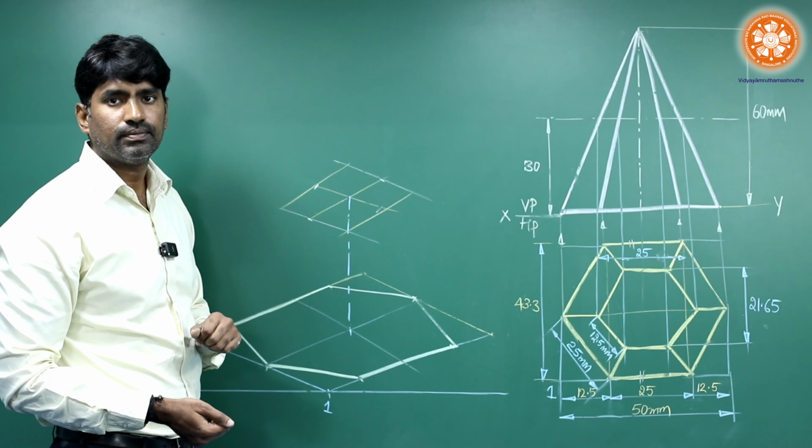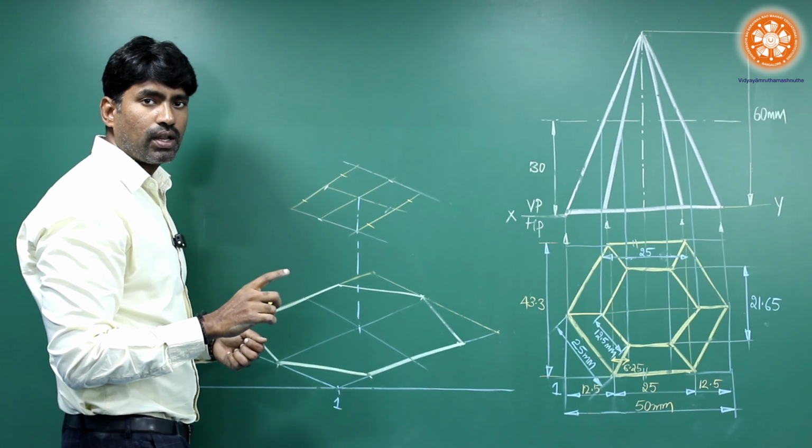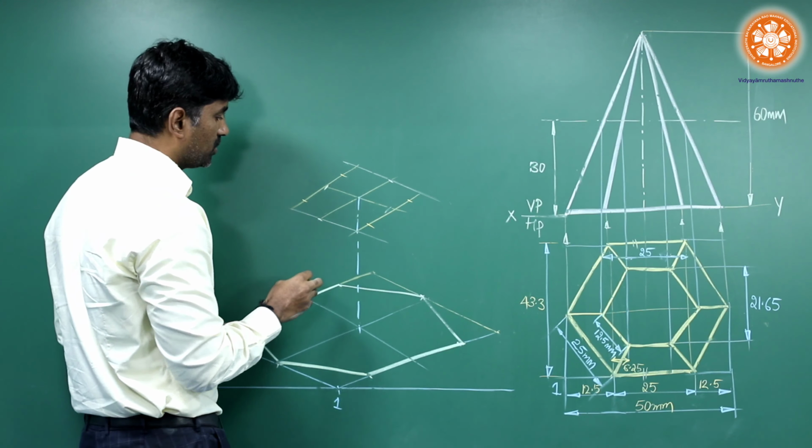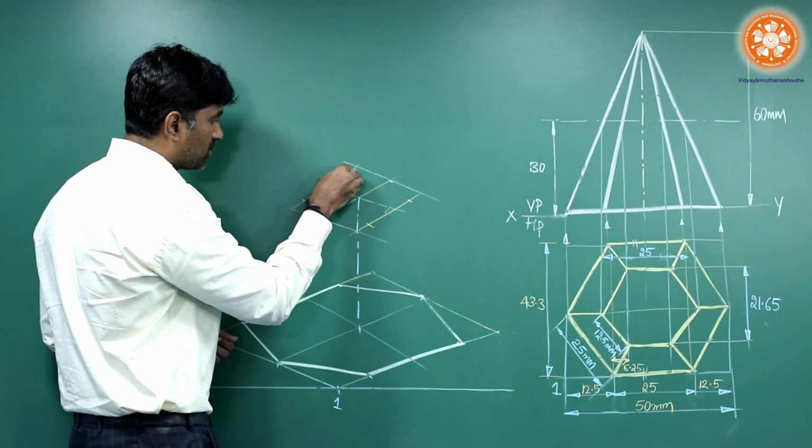Next, identify the dimension. This is 6.25 to this side, again 6.25 to that side. So mark from this point 6.25, 6.25, 6.25 and this. Make sure that any dimension you take is supposed to be an ISO dimension. Again, this midpoint remains the same.